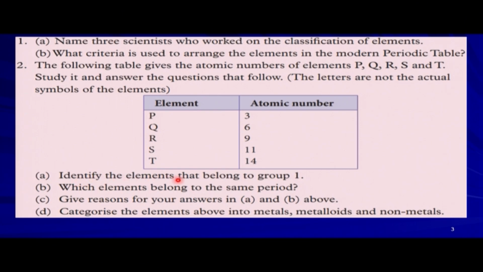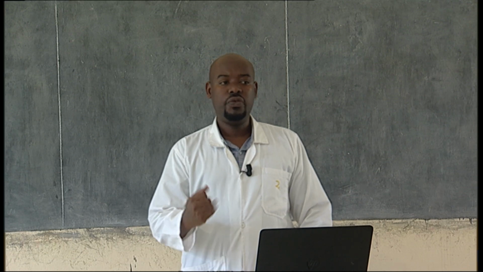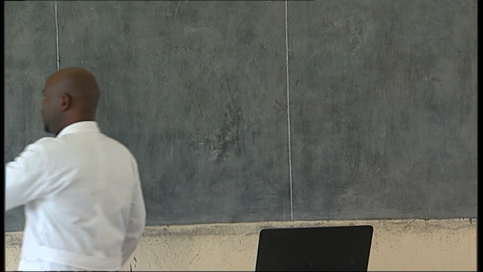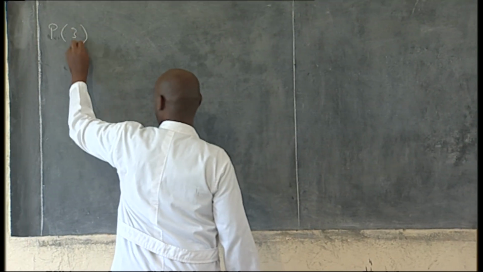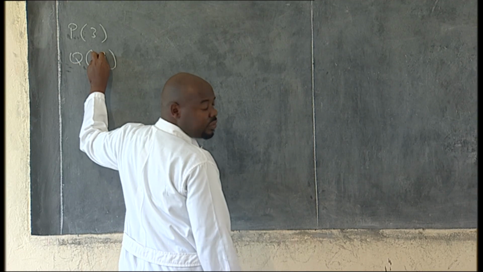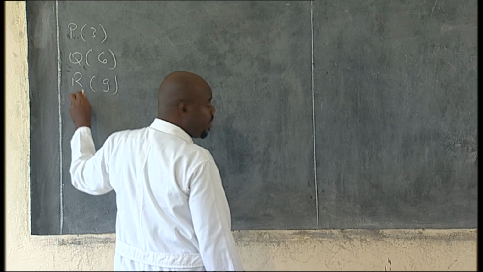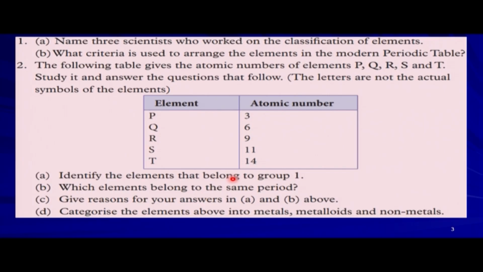Sub-question A, identify the elements that belong to group 1. To find the elements which belong to group 1, the first thing we have to do is to write the electronic configuration. So we start with P with 3, Q with 6, R with 9, S with 11, and T with 14.